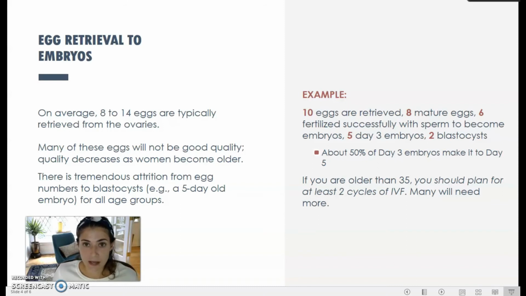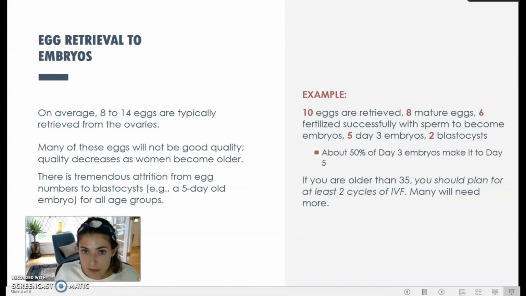And the idea is that whichever embryo remains after a few days in this petri dish represents a very strong embryo, or an embryo that is more likely to survive in utero versus the ones that could not. So in keeping with our example, 5 of the 6 embryos survive to day 3, and then 2 of those make it to blastocyst, which is a day 5 embryo.